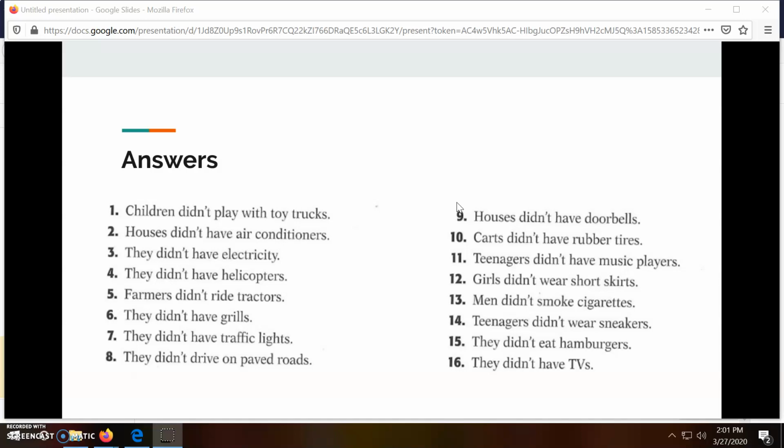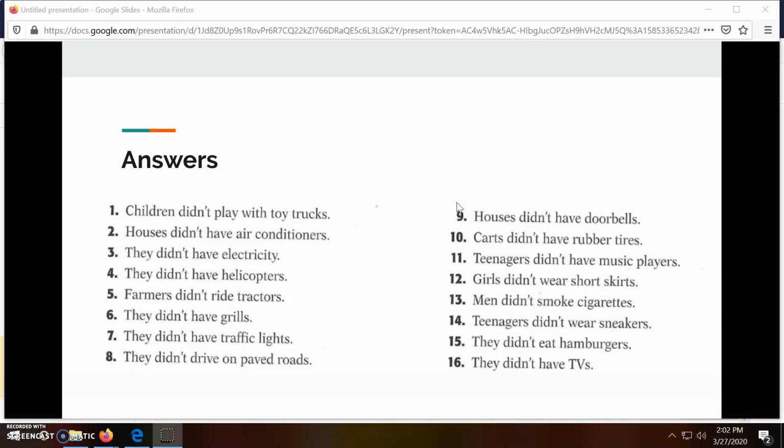Five, farmers didn't ride tractors. Six, they didn't have grills. Seven, they didn't have traffic lights. Eight, they didn't drive on paved roads. Nine, houses didn't have doorbells.